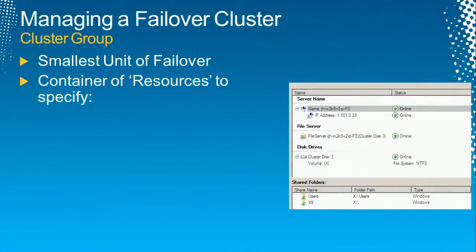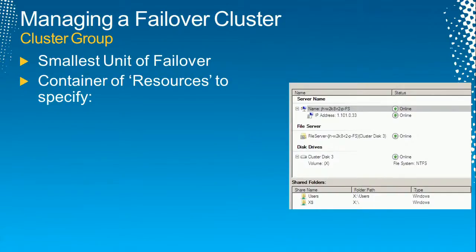So now that we're talking about making our server do something, I want to talk about what a cluster group is, because a cluster group is that fundamental container that all the cluster resources to make it do something go into. It's the smallest unit of failover, so when I create a group, that container is going to contain everything I need to serve a highly available service or application. Generally, it's going to have storage, name, IP, and then some application.